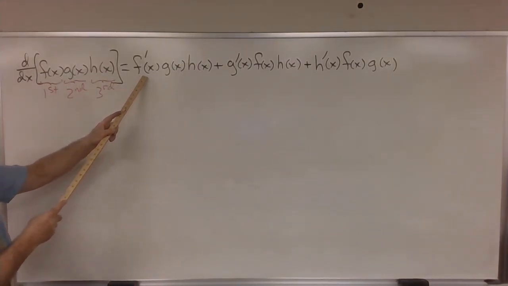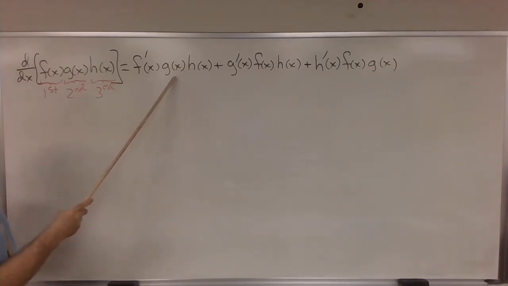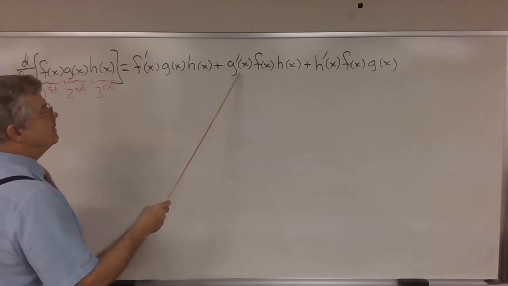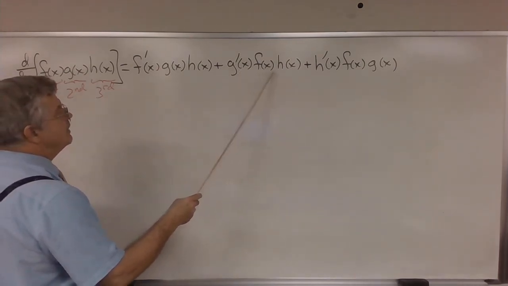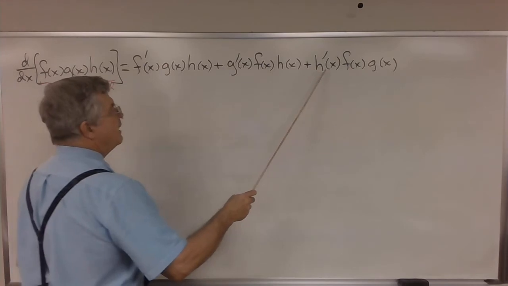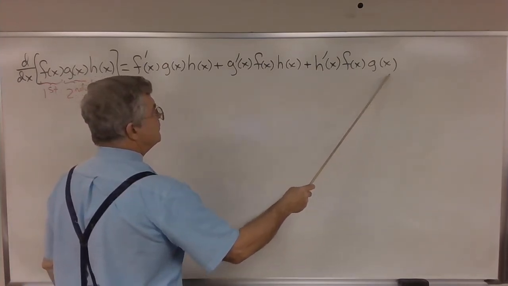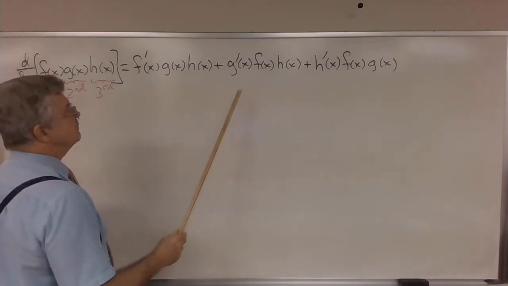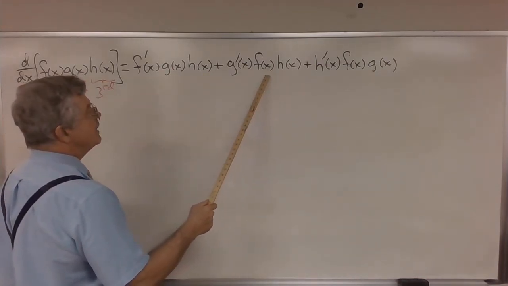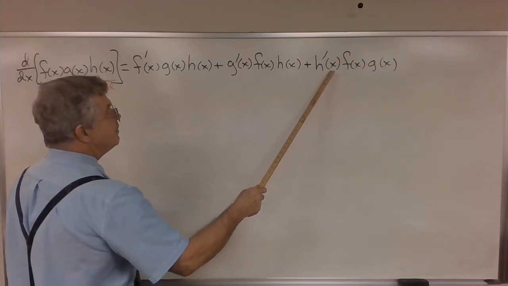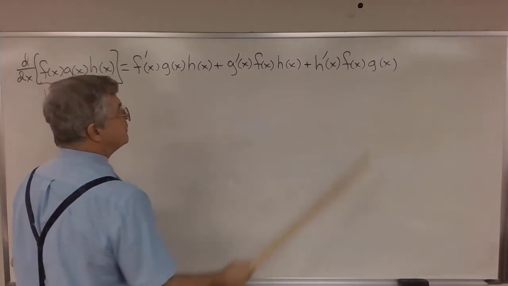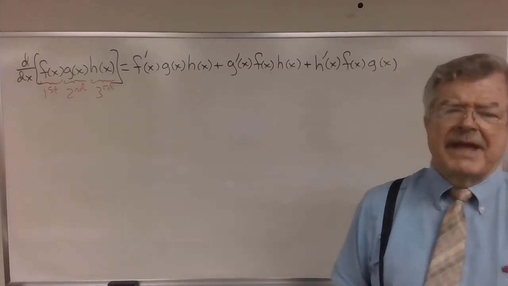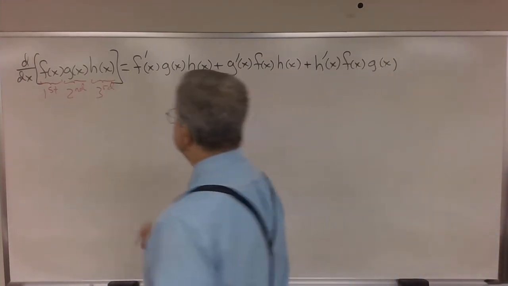I have first prime times all the rest of the functions. I have second prime times everything else. I have third prime times everything else. So first prime times the rest of the functions. Second prime times the rest of the functions. Third prime times the rest of the functions. You know, I can remember that pattern. I definitely can.